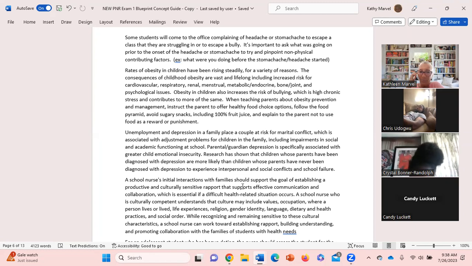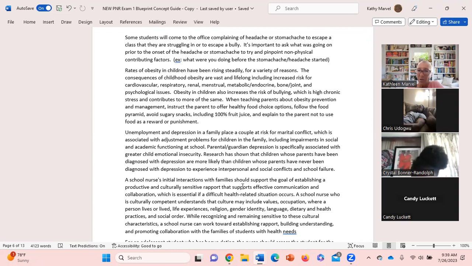Unemployment and depression. We see the effects of that in schools. Unemployment, depression, family issues, right? We may see academic decline, adjustment problems, social functioning, emotional insecurity, right?